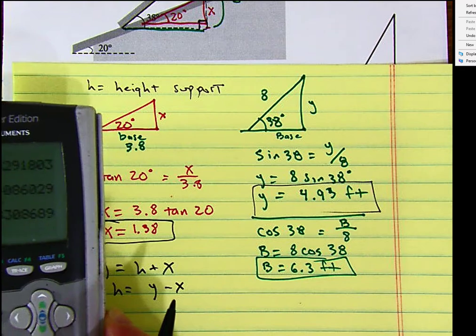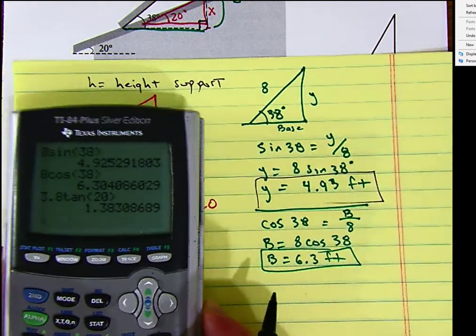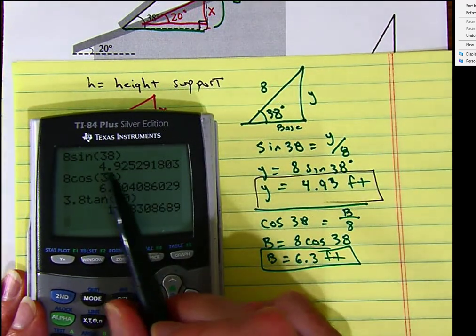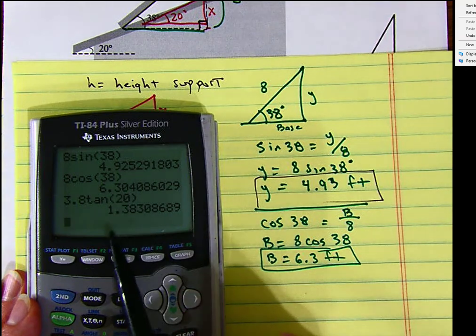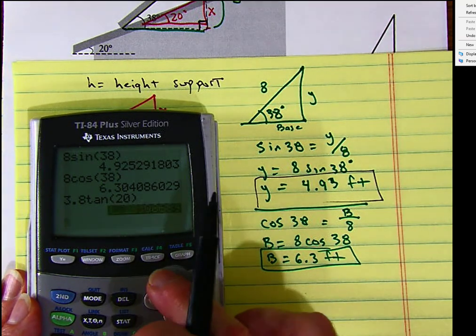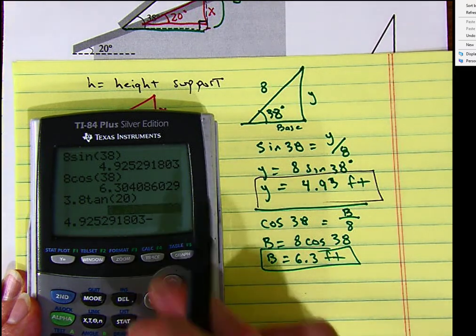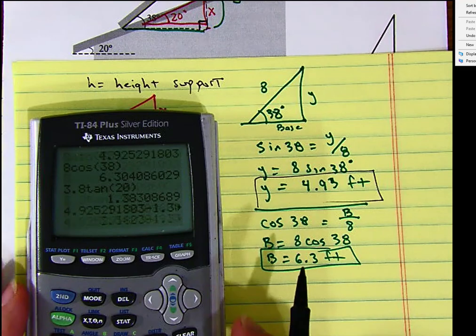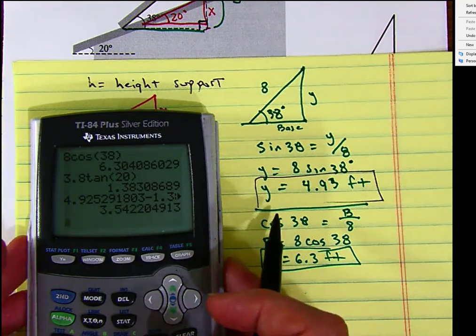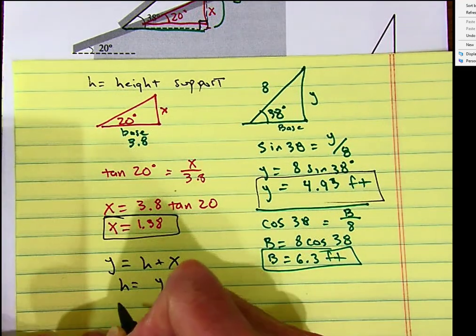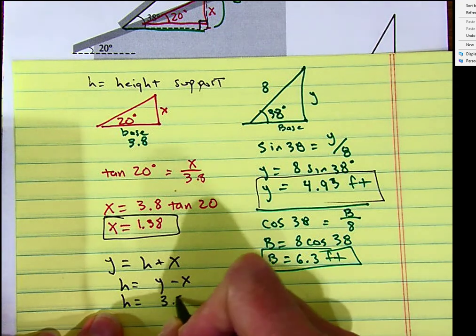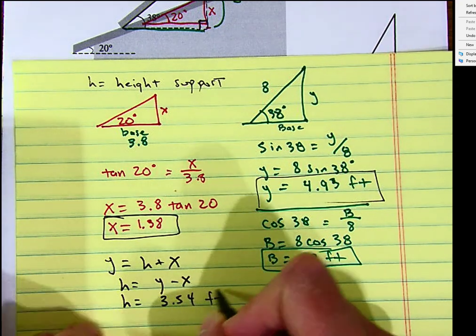And if I subtract those two things, they're in the calculator here. Here's the y number, and here's the x number. So I'll put in the more exact values and round off at the end. And I get 3.54. So the height of the pole has to be 3.54 feet.